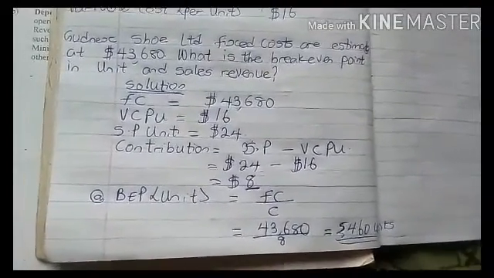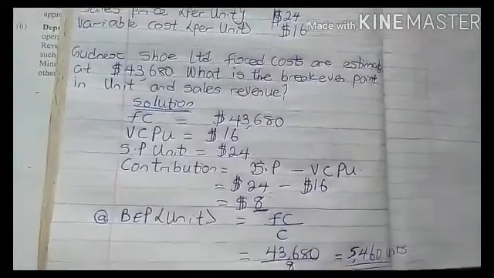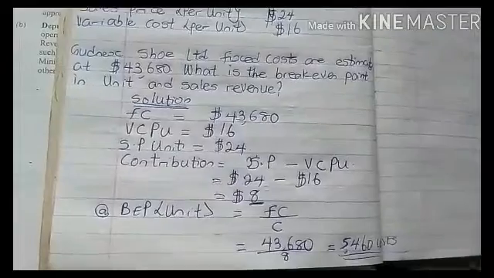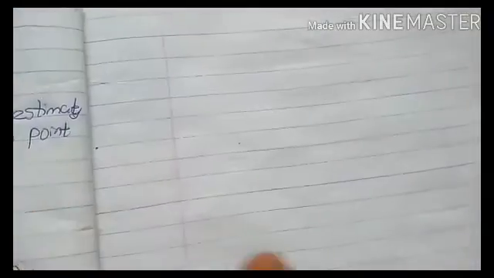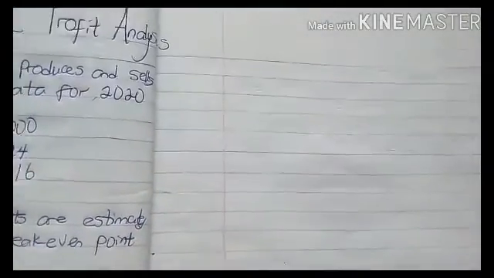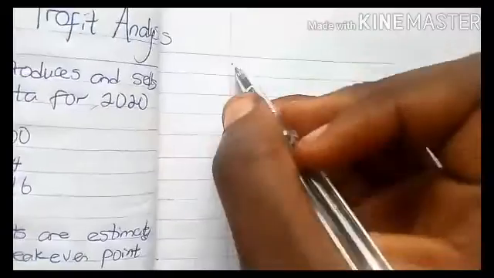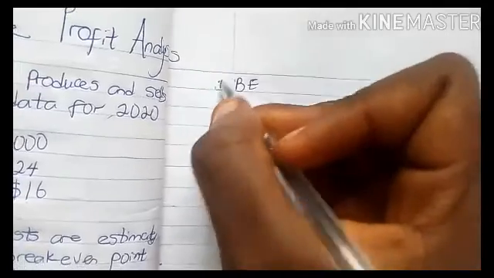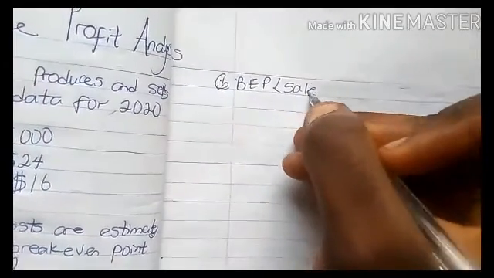So the next question we are being asked is what will be our sales revenue? And for the other one, I said that since you've gotten your BEP in units, now it says value.